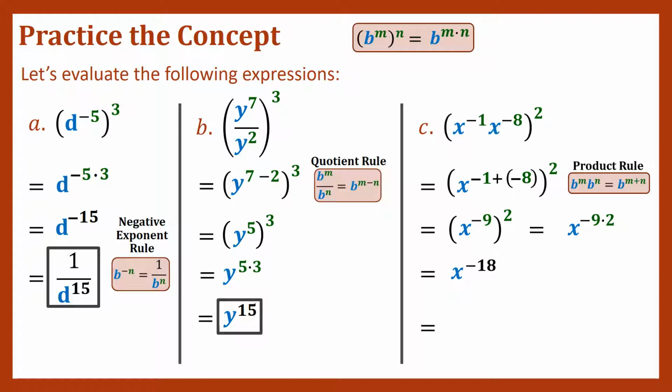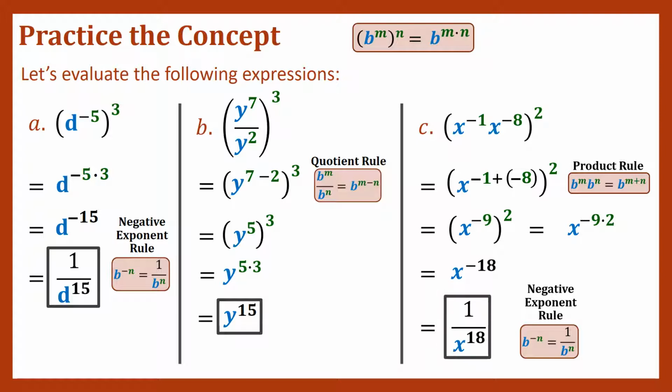In turn, this is then equal to 1 divided by x raised to the power of 18. Note, this expression is obtained using the negative exponent rule shown. Again, if you're unfamiliar with the negative exponent rules, please review the video titled The Negative Exponent Rules. And this represents the final result of the third expression.